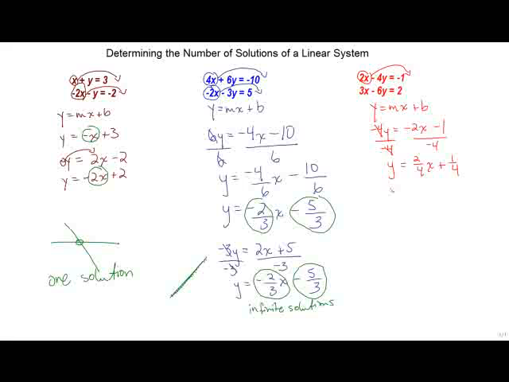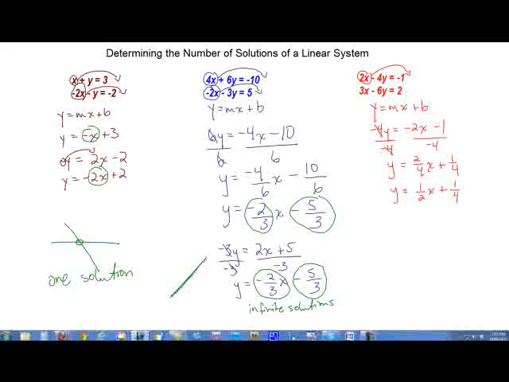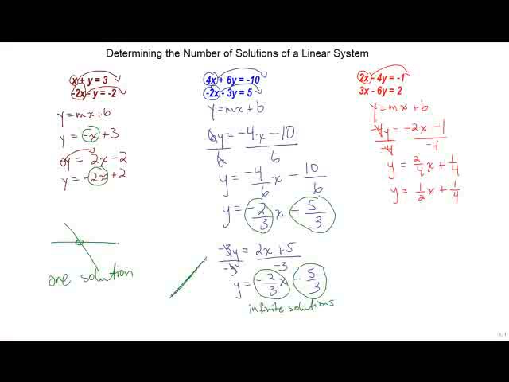And that can be simplified to y equals 1/2 x plus 1/4. So we've determined the slope to be 1/2 and the y-intercept to be 1/4. The next equation, once again, we're going to isolate the y variable. We take our 3x, move it across, and that will leave us with negative 6y equals negative 3x plus 2.